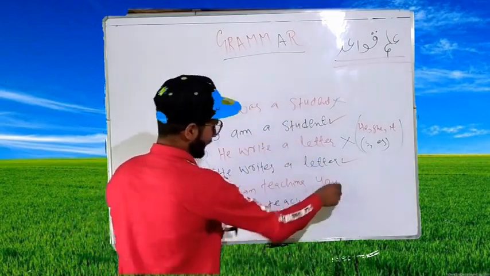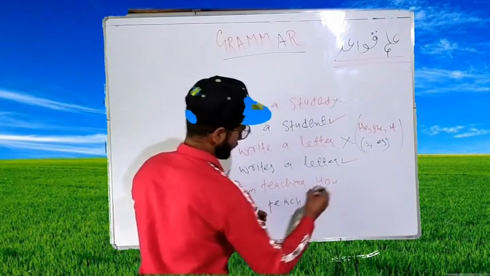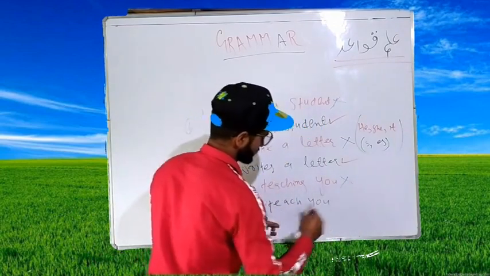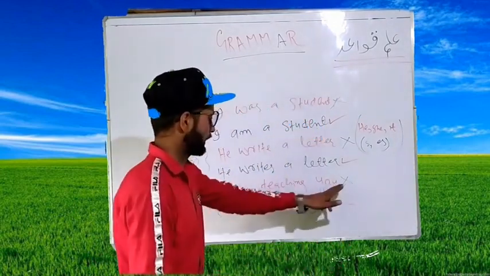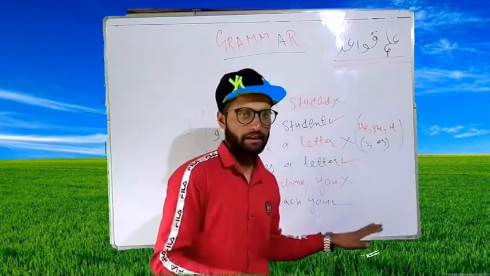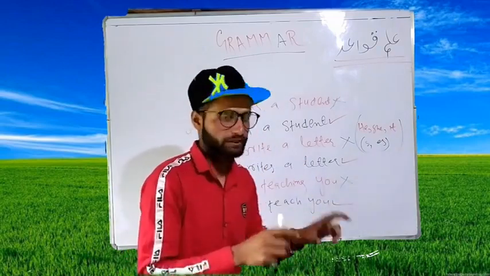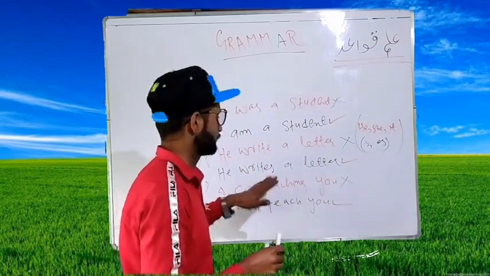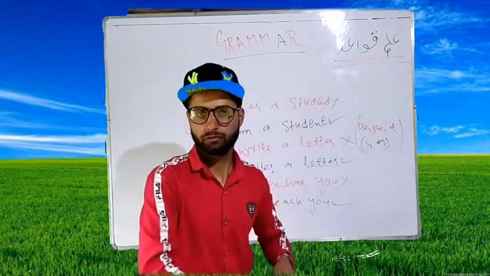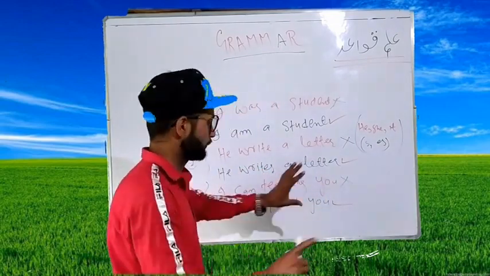Guys, जो ये वाला है ये wrong है, but this one is right. ये वाला wrong क्यों है? क्योंकि ये इसलिए wrong है, ये incorrect है इसलिए कि we know that after modal auxiliary verb there shouldn't be ing form. There should be first form of verb.